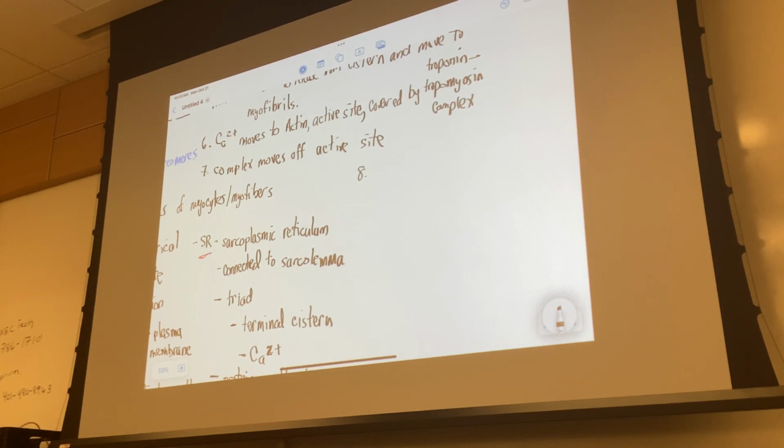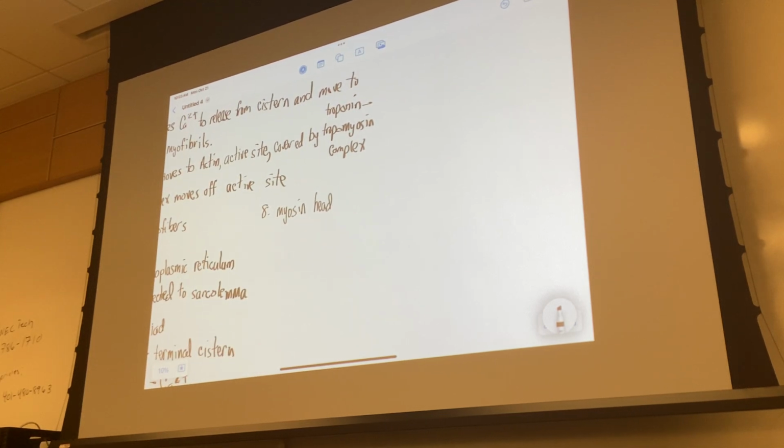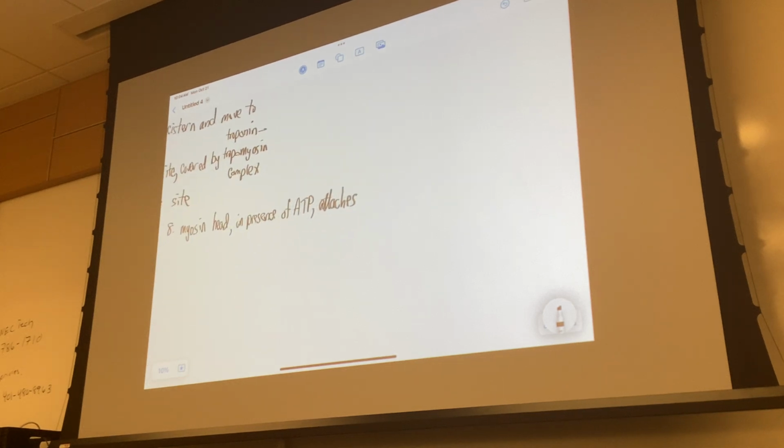Now here's the part that I haven't told you about with myosin. Once the active site is exposed and in the presence of ATP, there's a part of myosin called the myosin head, and the myosin head grabs the active site of actin.